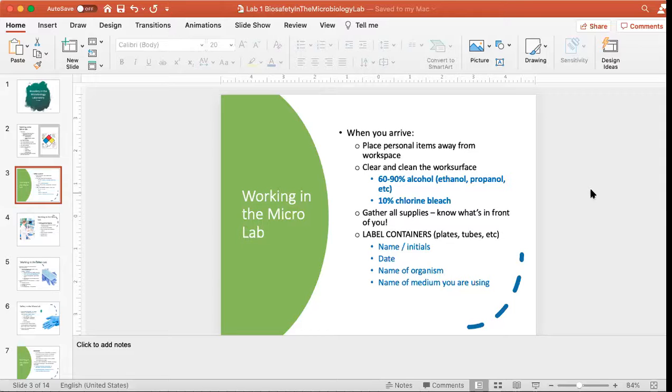When you arrive to work in a microbiology laboratory, you have to put your personal items away from your workspace. Now, in most laboratories, there is a place for this. There might be a little adjacent room to the laboratory. There might be a particular corner of the room, but there will be a place for you to deposit your personal items.